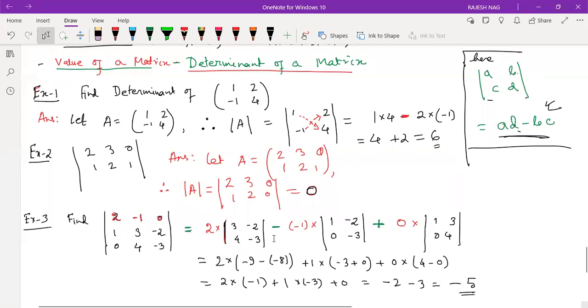Also, this term is called the cofactor of this. I repeat, this determinant is called the cofactor of this.